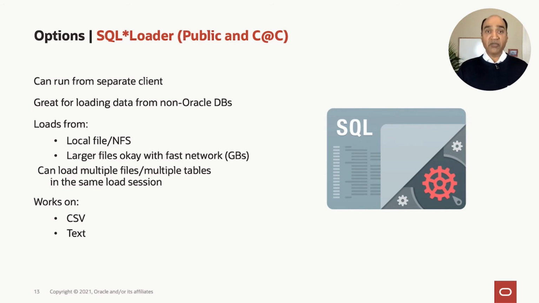It makes sense to first download your data to flat files, and then use SQL Loader to load that data into your database. So your data files could be sitting on-prem. Also, you can download data from a variety of databases, and as long as you have them in CSV or text files, you can then upload these into your Autonomous database using SQL Loader.